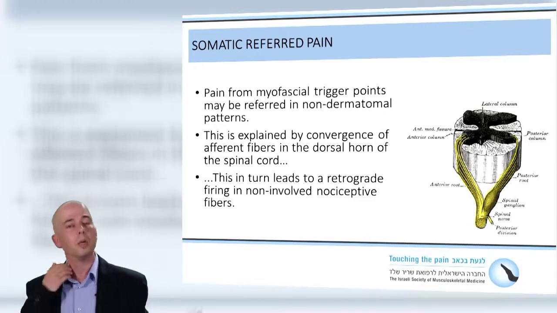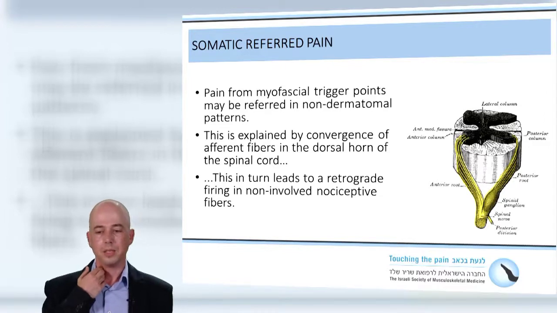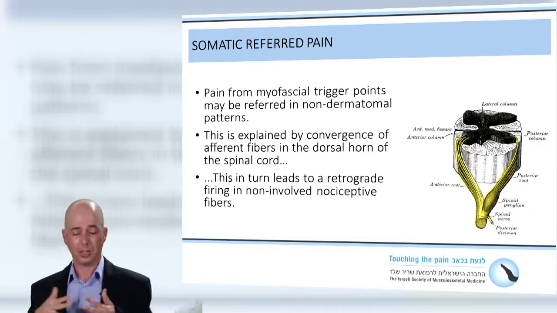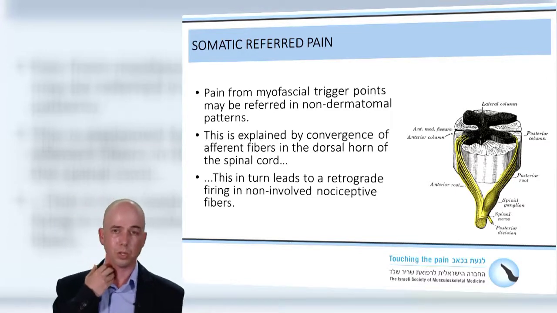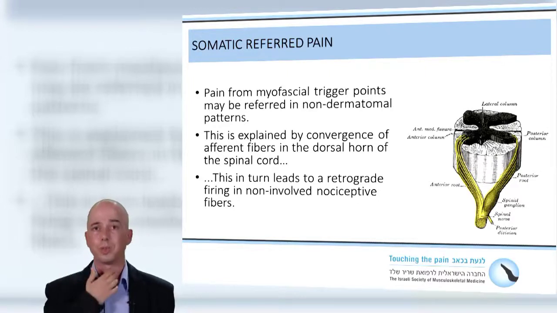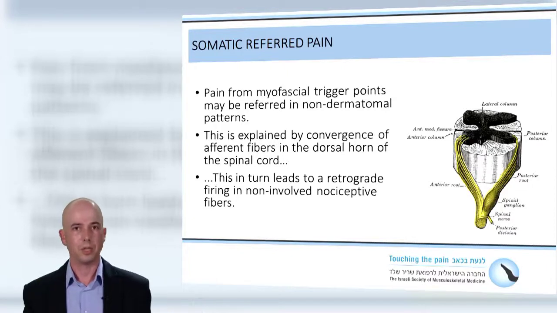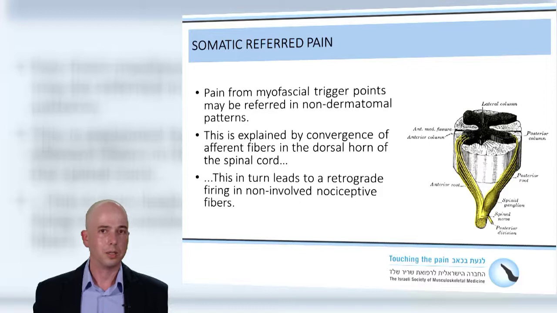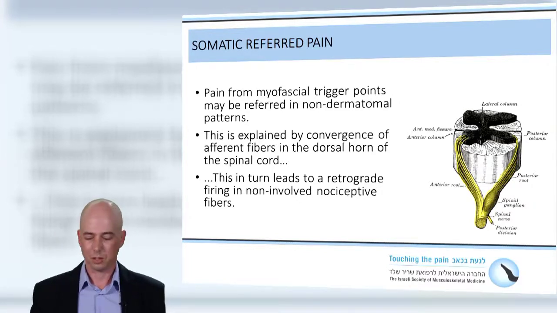So let's say we have pain in our longus colli muscle, but this area of the spinal cord which gets the nociceptive axons coming from our longus colli also gets afferent fibers from our ear or from the contralateral side of our neck. This will cause a retrograde activation of these fibers, which will trick the brain into thinking that these areas are actually in pain when they are not really.